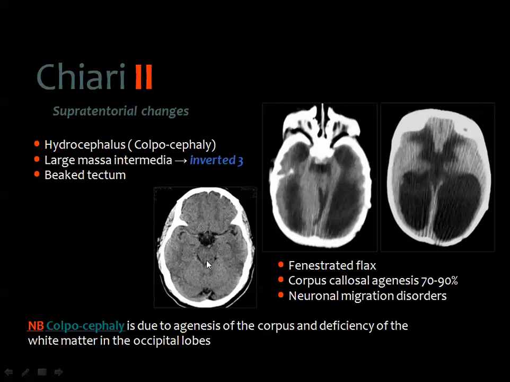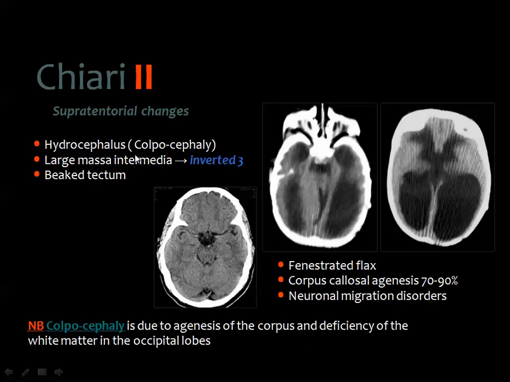Whenever the posterior fossa structures descend downward, this will pull the quadrigeminal cistern to have a beak-like configuration instead of a gentle curve like this one. Beaking of the tectum is one of the manifestations.